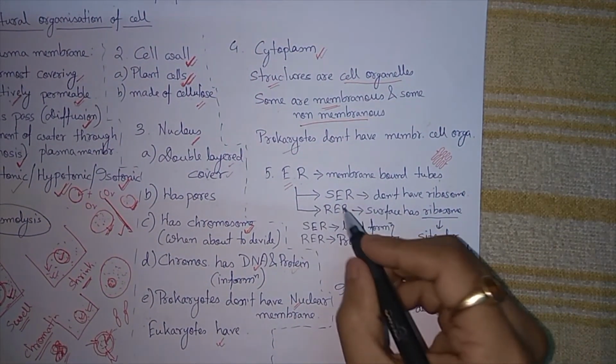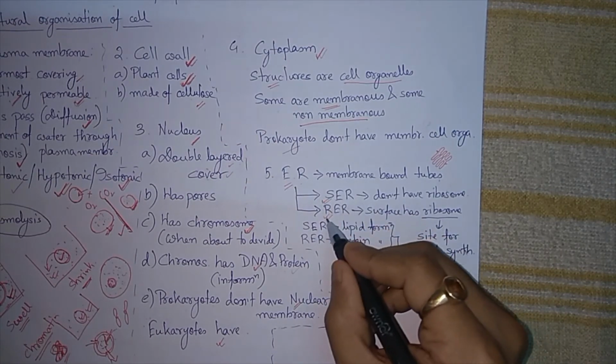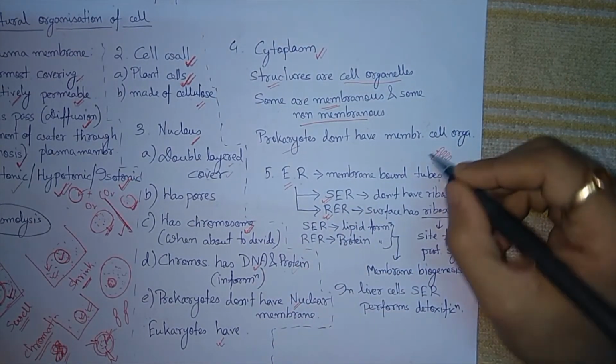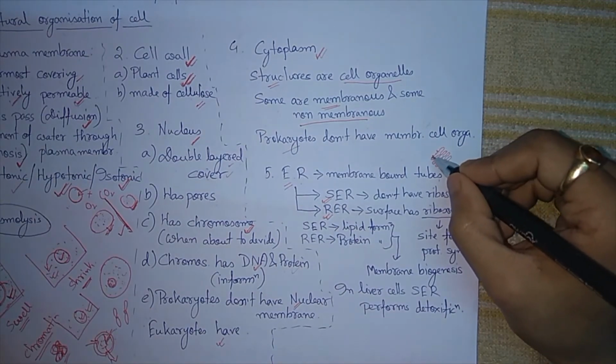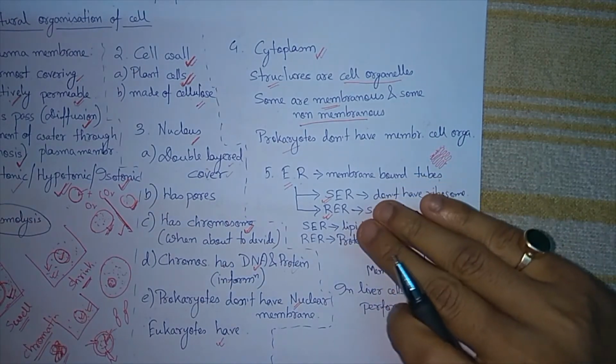ER are of two categories, SER and RER, smooth endoplasmic reticulum, rough endoplasmic reticulum. It is rough because in case of RER, the surface of ER has some ribosomes. So due to the presence of ribosome, the surface becomes rough.